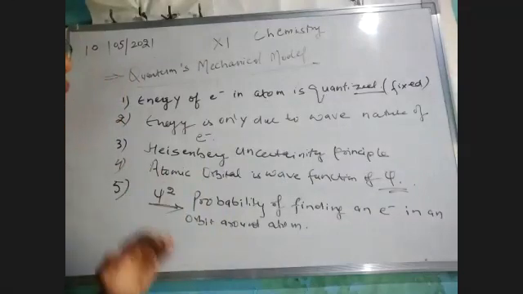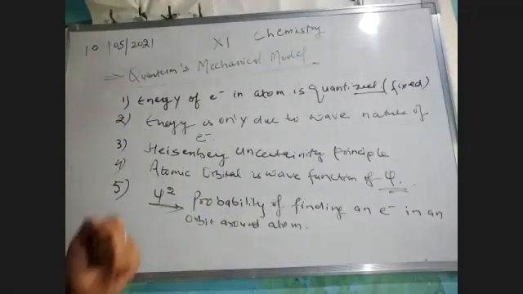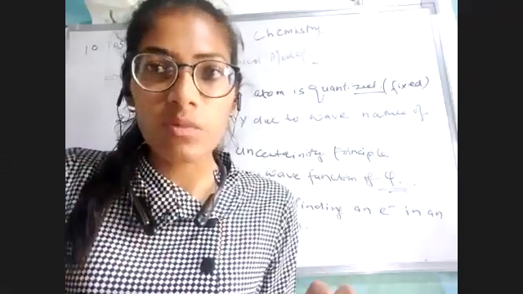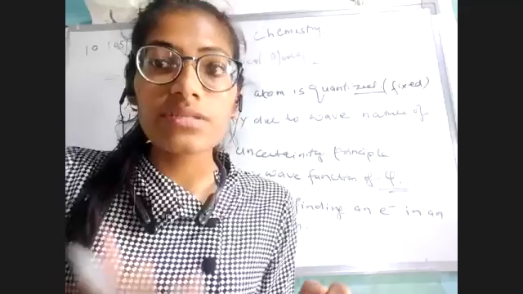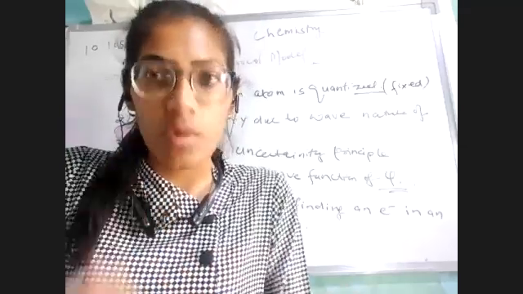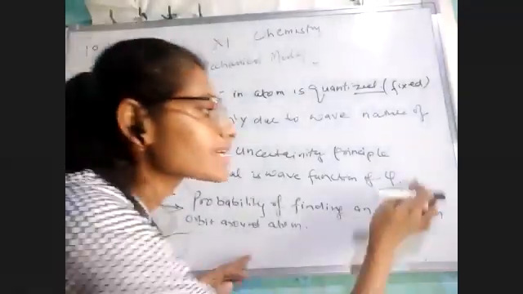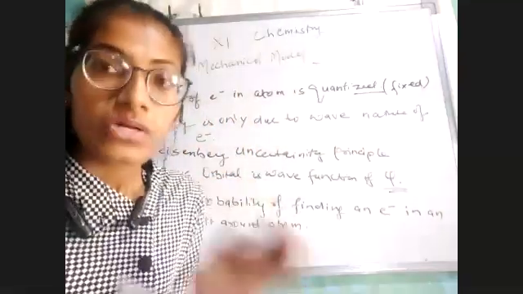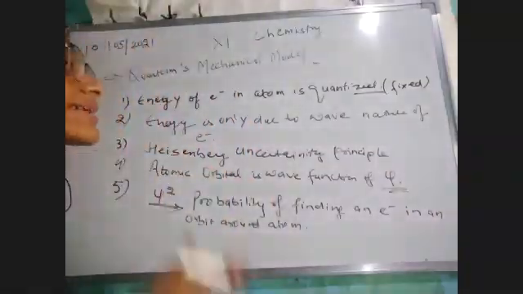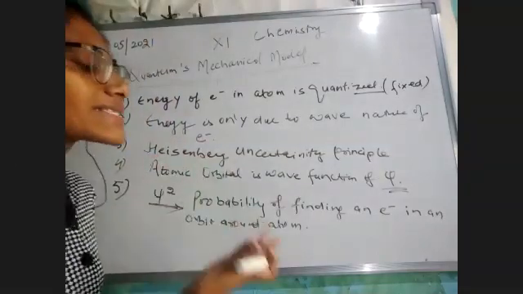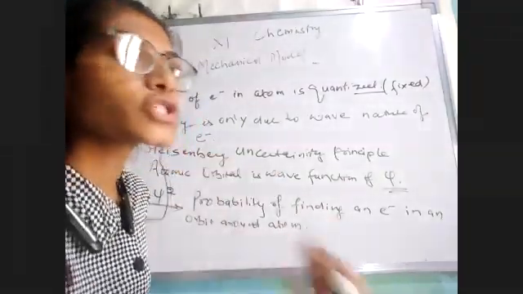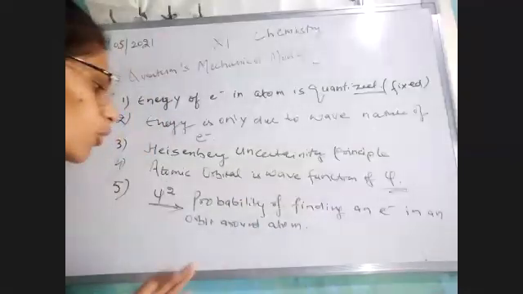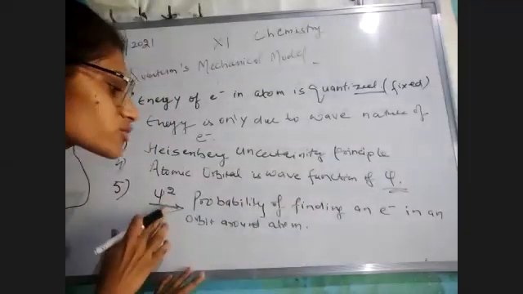And the last 2 points were super important, as I have already told you, to just give us the numerical significance of an atomic orbital. We have taken a physical constant known as psi. So he told us that our atomic orbital is basically a wave function of psi. And lastly, he told us that there is some physical significance.